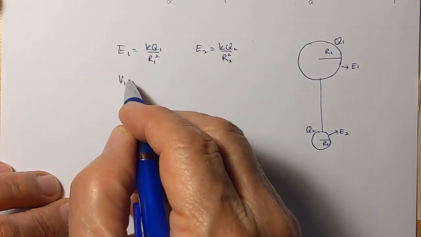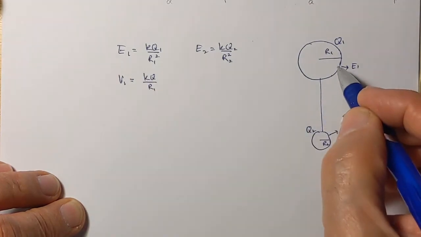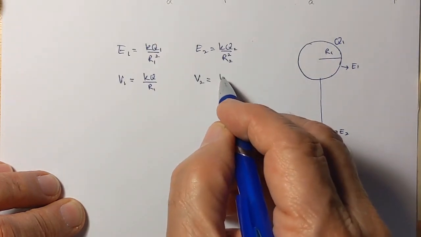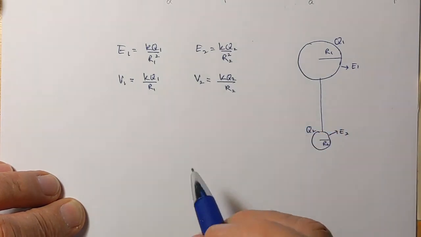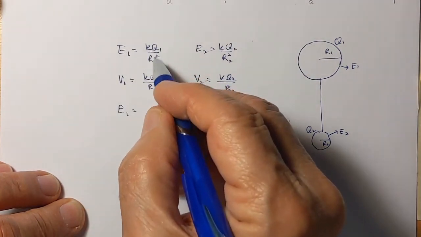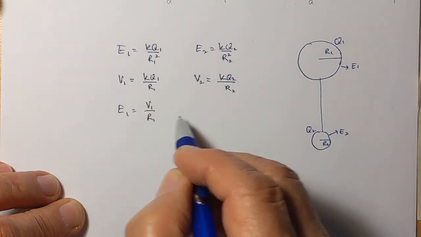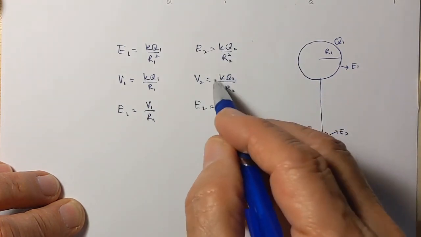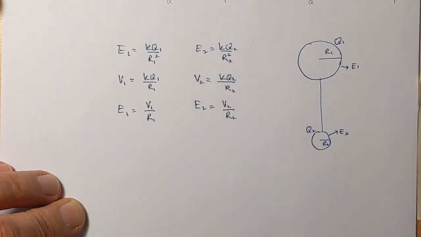Now we know that the potential on the surface for 1 is going to be KQ1 over R1, and the potential on the surface for number 2 is going to be KQ2 over R2. And so we can write E1 as KQ1 over R1 and another R1, so that's going to be V1 over R1, and E2 can be written as KQ2 over R2 and R2, so one of them becomes V2 and we have the other R2.